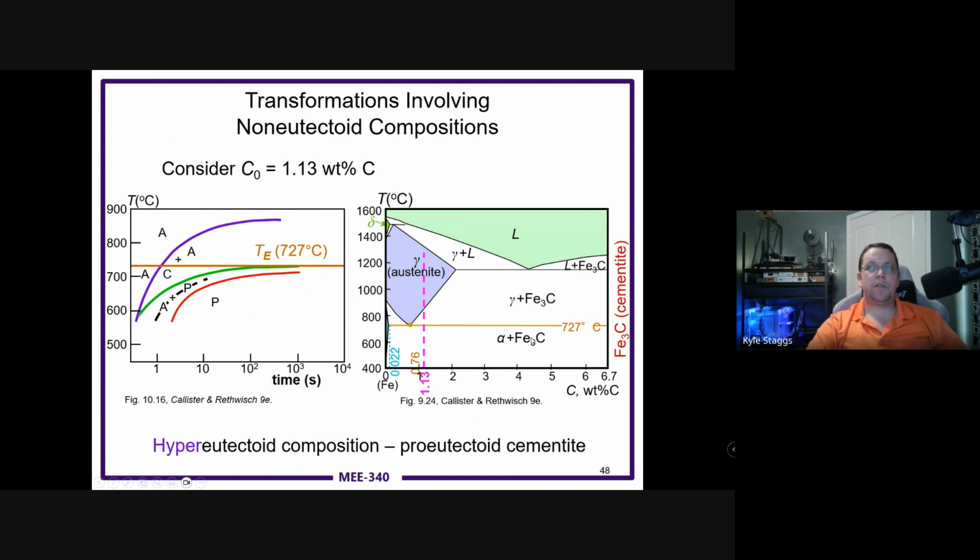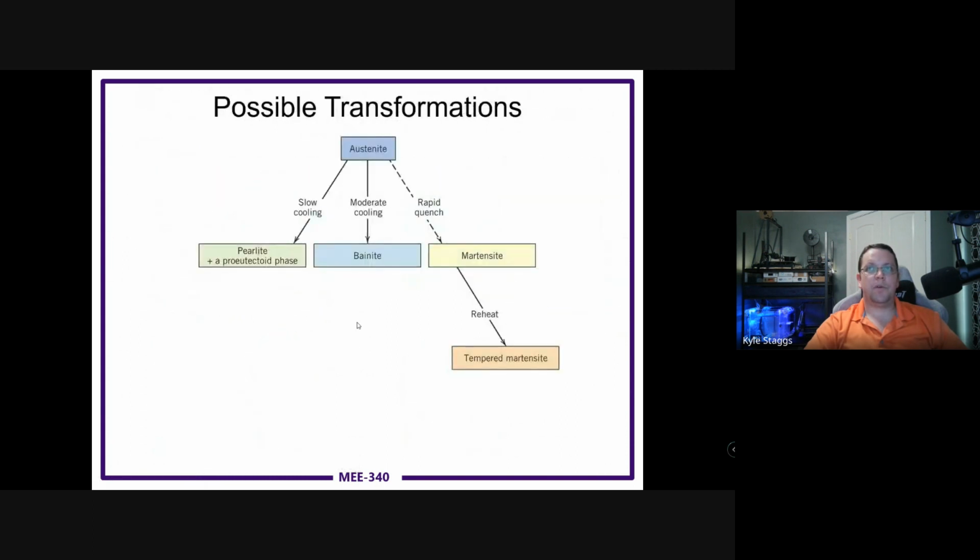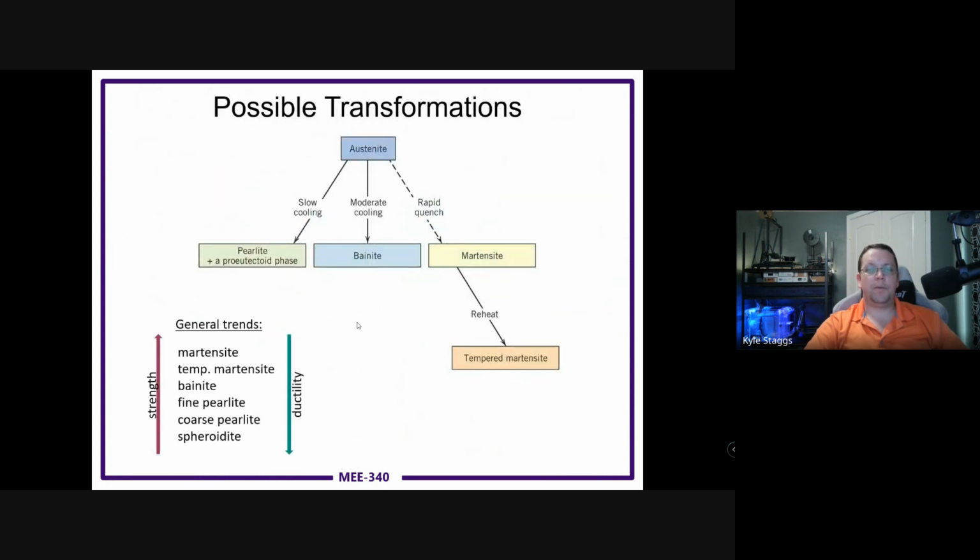The difference is, I think we go into a little bit more detail in this part of the chapter. But the martensite is really compact and condensed, and typically a lot smaller grain size than something like the perlite is.